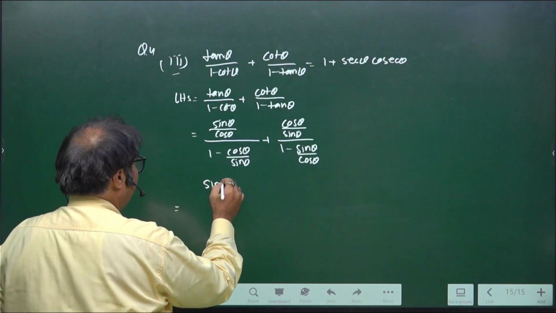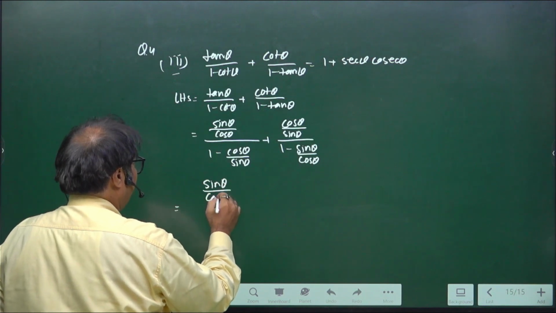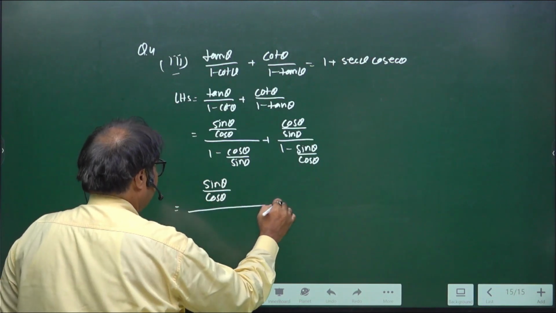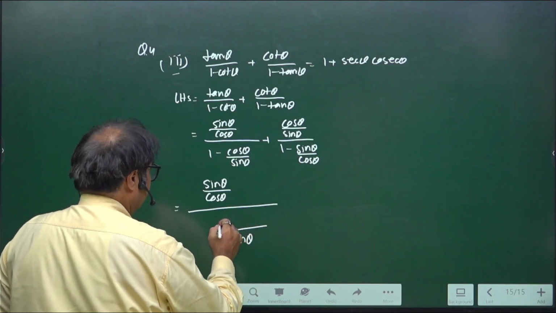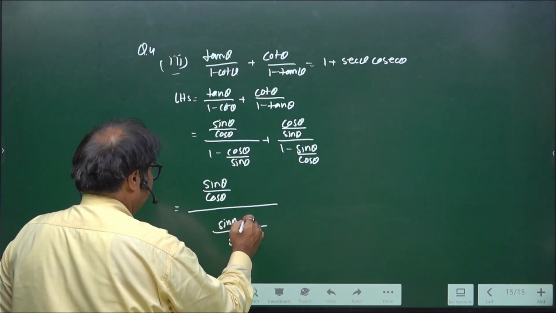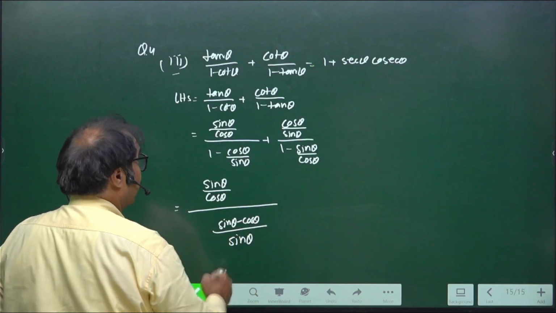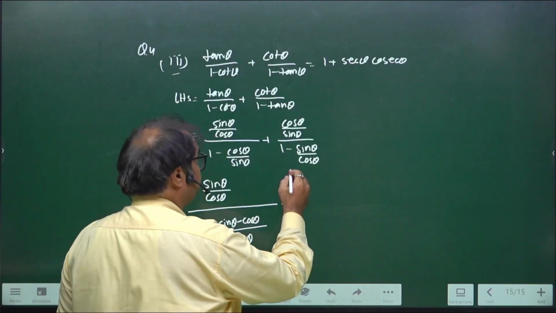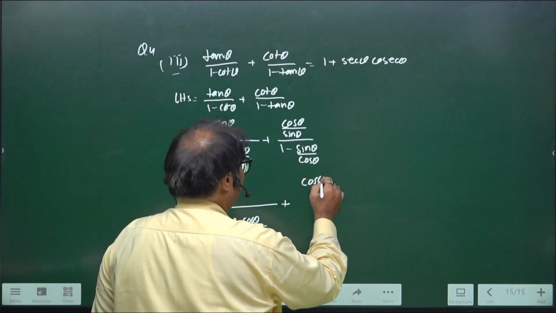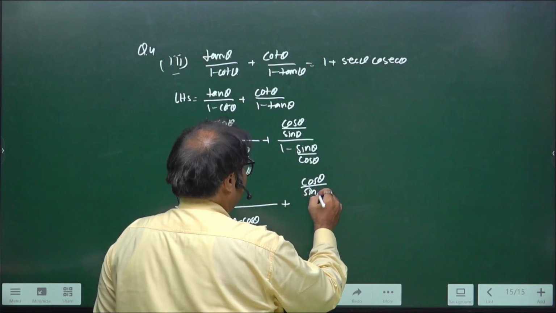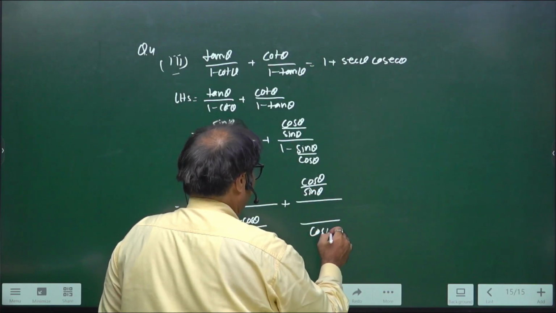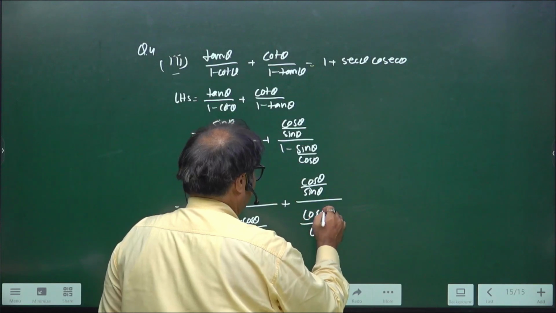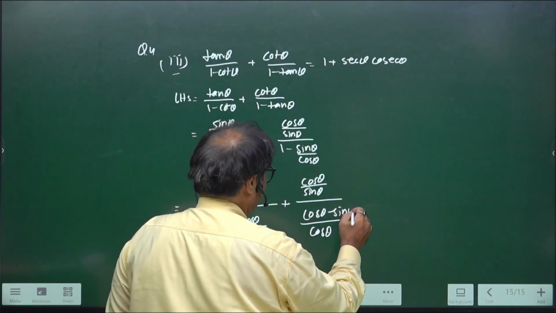So the numerator will be sin theta upon cos theta, and divided by sin theta minus cos theta over sin theta, the LCM being sin theta. Now plus cos theta upon cos theta minus sin theta over cos theta, where the LCM will be cos theta.